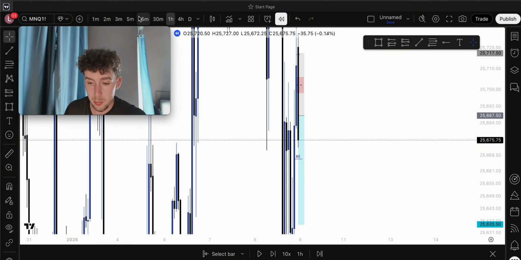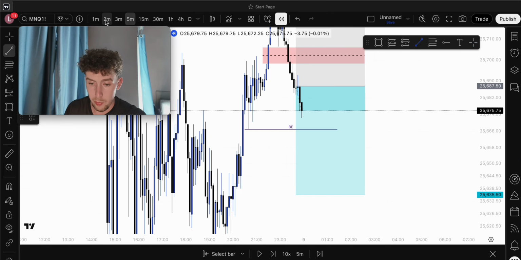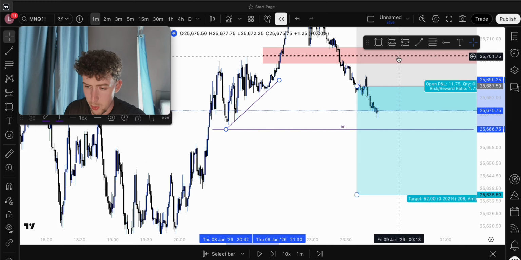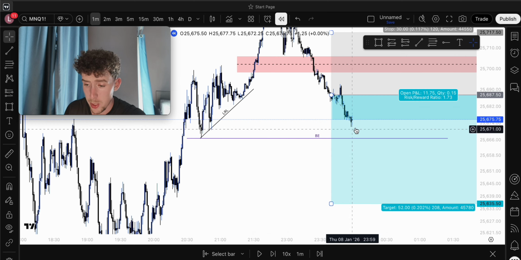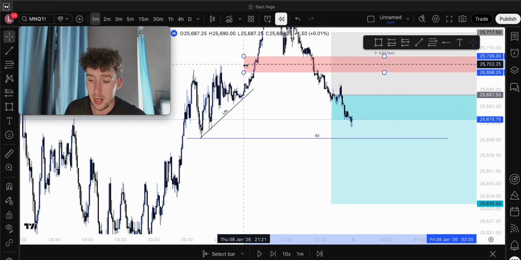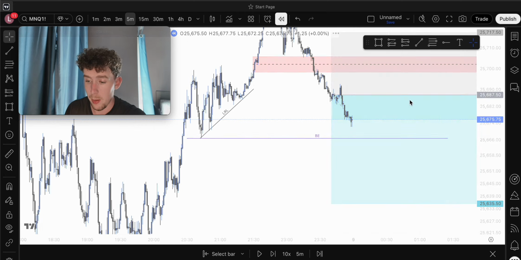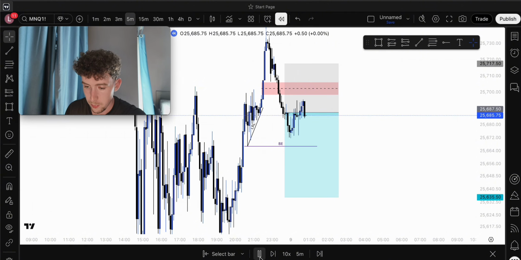For me, that was completely fine to still take the position, because if we go to the 5 min, if we go to the 1 min, we are building this little bit of a trend line here as well to the downside. So I'm expecting that to get ran, especially when we come down to this low. Even if price wants to go back up and retest the fair value gap, I'm expecting us to go lower, at least this 15 minute unfilled gap, as I mentioned. And then that is where I let price play out.